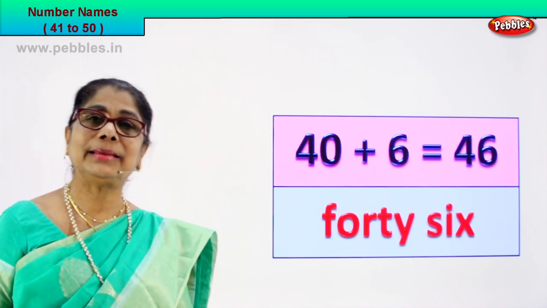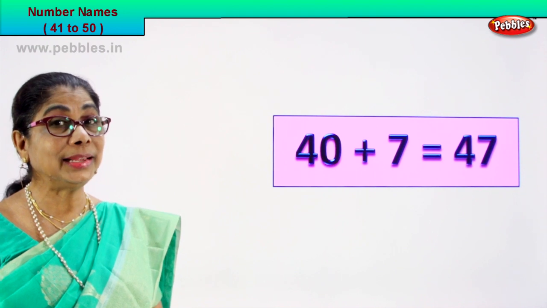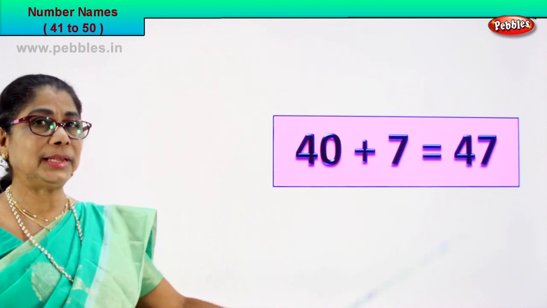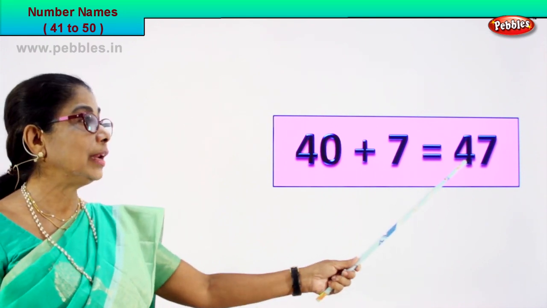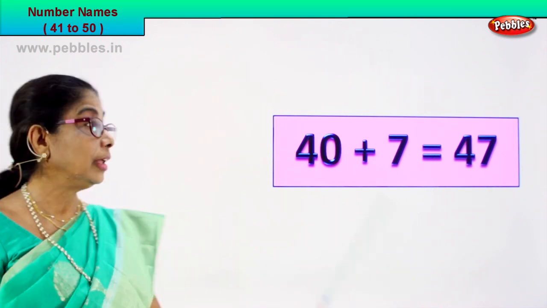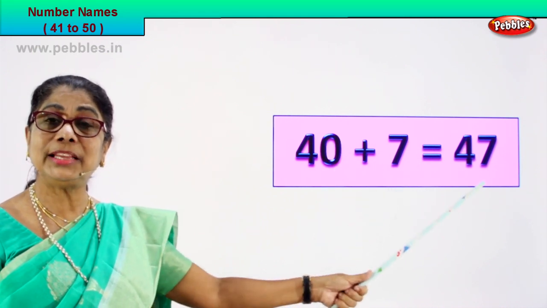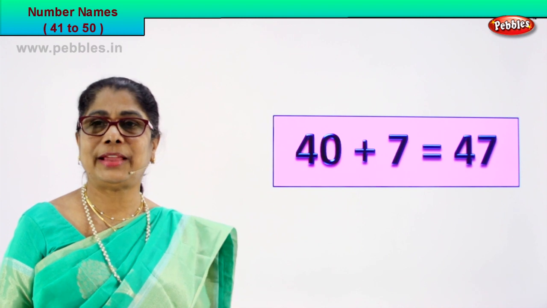What do you think is the number that comes after 46? After 46 comes the numeral 4 and 7, 47. 4 and 0, 40, plus 7 is equal to 47.